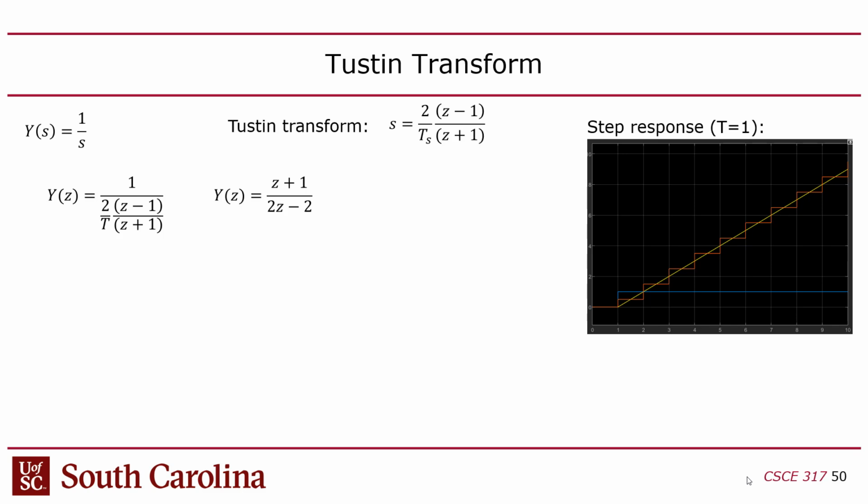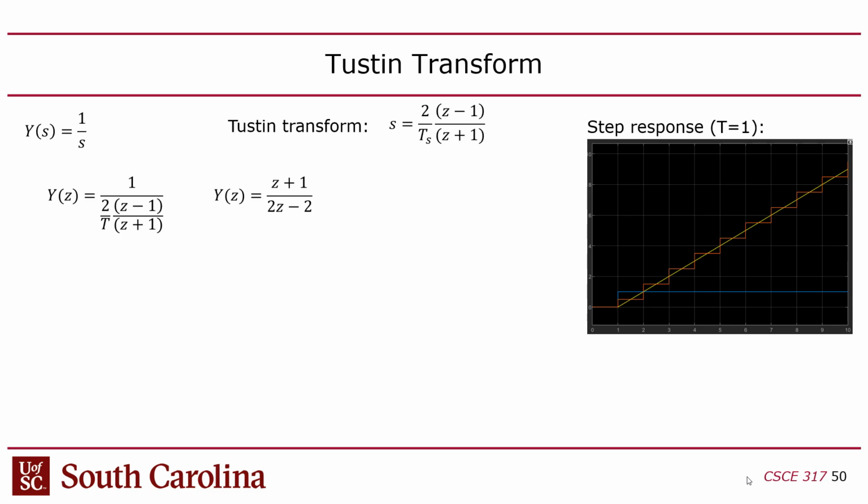So the problem is that if you design a stable control system in the S domain, but then you convert it into the Z domain, that does not guarantee that it will still be stable. And part of that stability is going to depend on that time step value that you use. That makes sense? So you could have a stable transfer function in the S domain, you convert it to the Z domain, but your time step is too long, and suddenly now it's unstable, right?